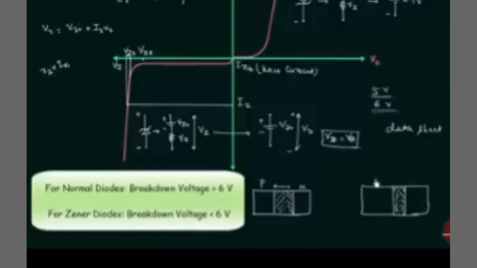I will quickly revise the equivalent model of the Zener diode. The first thing we have to do is connect the n side of the diode to the positive terminal and the p side of the diode to the negative terminal, so that the diode is reverse biased. Once the diode is reverse biased, we have the equivalent model like this.